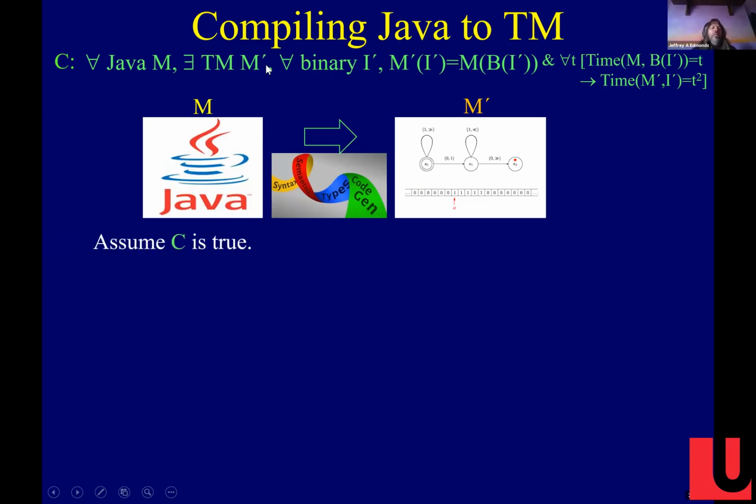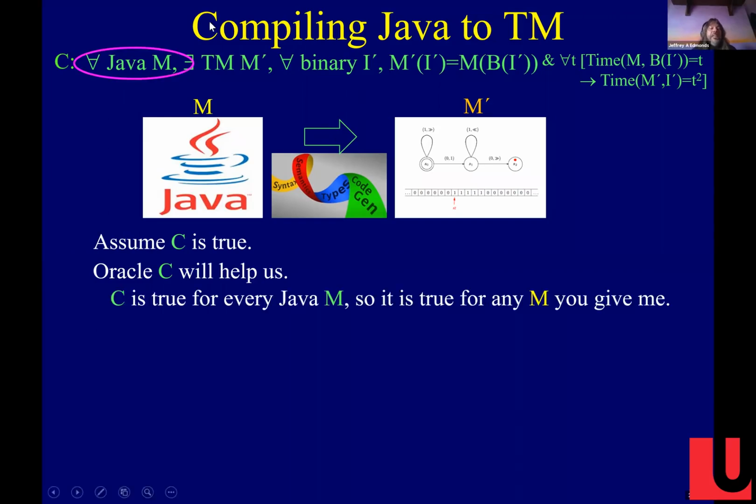So we have some Oracle. We're assuming it's true. So we have Oracle C, which is going to assure us of that. It's going to help us with it. And as it goes, it says for all Java programs, all right? Oracle C is assuring us that it's true for all Java programs. So we can give this Oracle our favorite Java program, right?